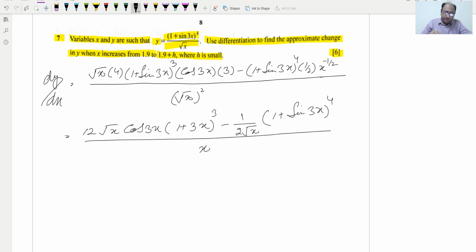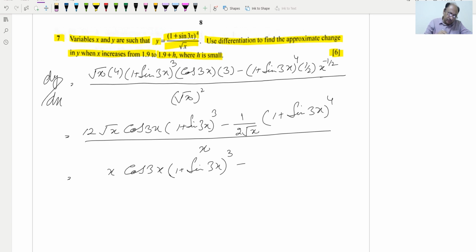Now we can take the LCM, or we can multiply numerator and denominator by under root x, so we will get 12x cos of 3x into 1 plus sine 3x raised to the power 3, minus, when this is multiplied by root x, it will be 1 by 2.